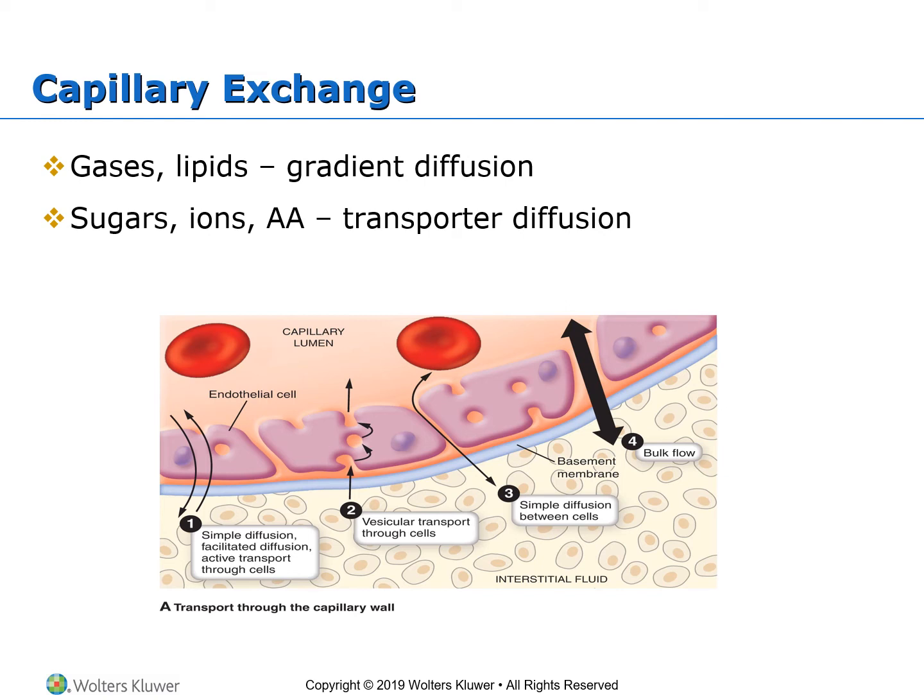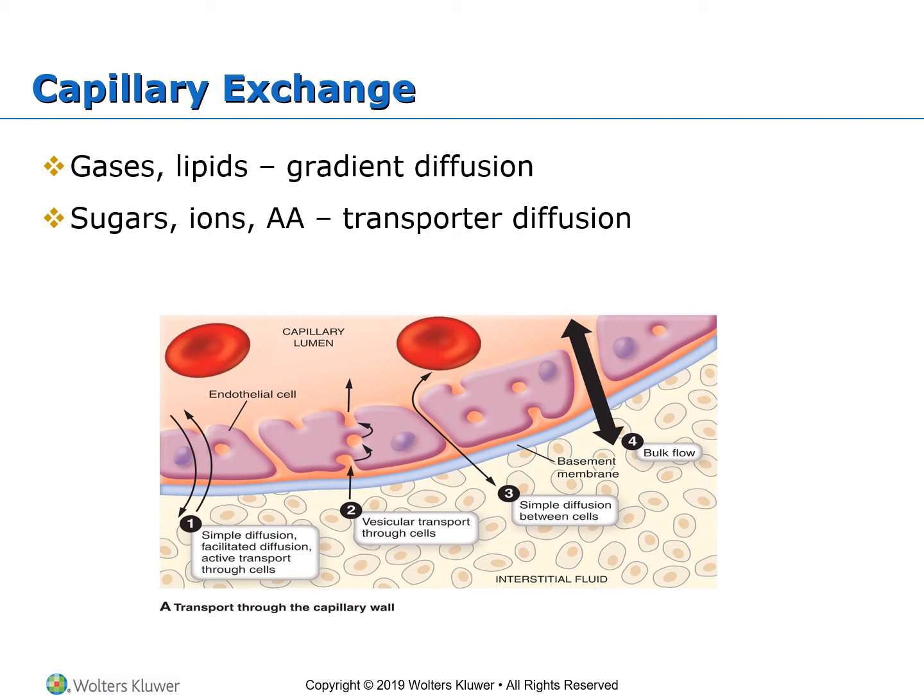In the capillary exchange that is a passive diffusion, you can see at number 3 the example of it. You can see how, between the cells, those substances that are able to perform what is called simple diffusion are moving back and forth through the membrane. If you look at number 1, it's a different type of diffusion, called facilitated diffusion.